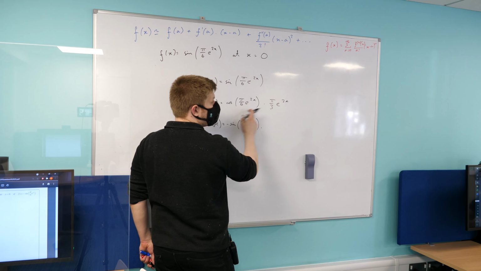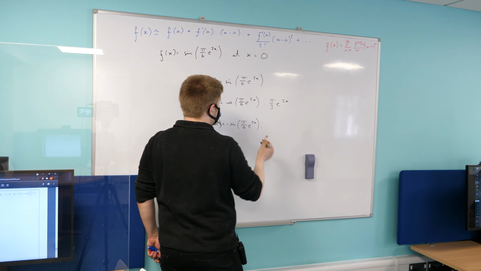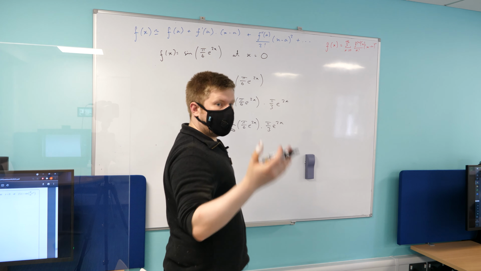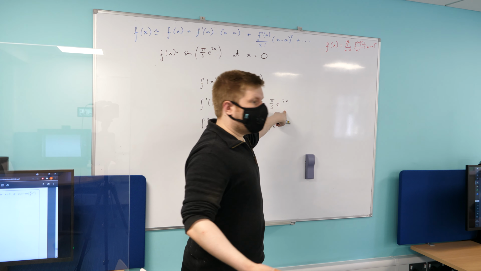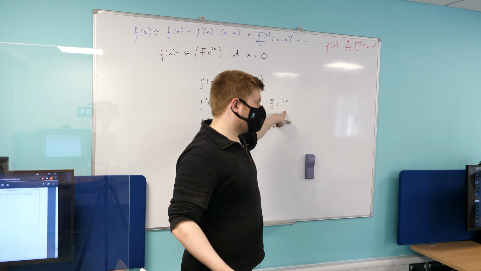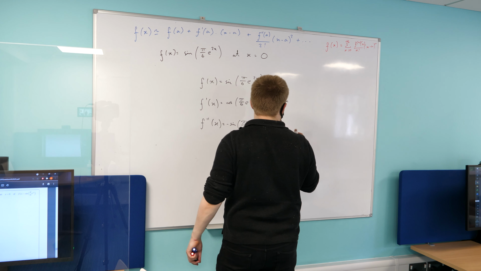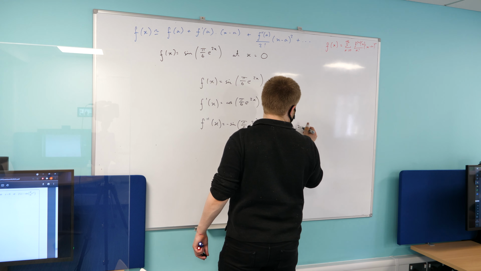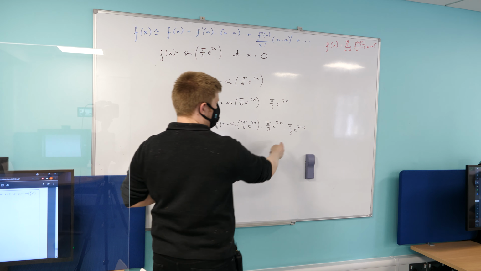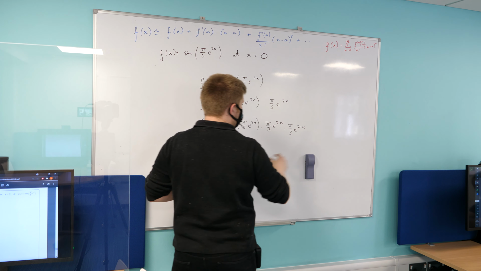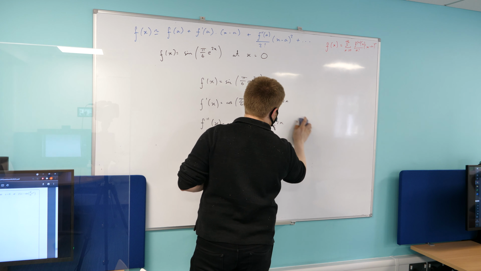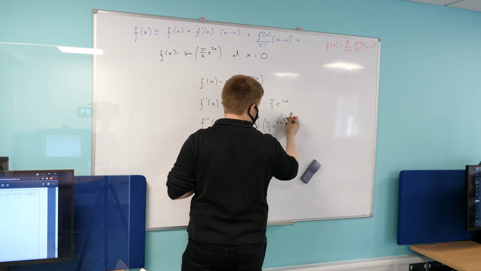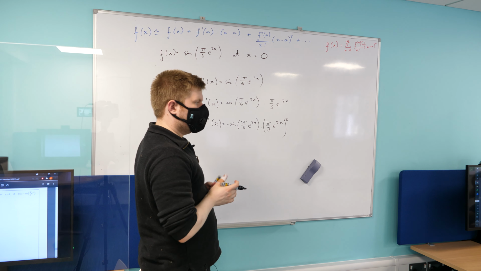Pi by 3 e to the 2x, exactly the same. Now, we still need to multiply with the second function, because we left that alone. So we multiply that with pi by 3 e to the 2x. If you like, because you've just got these two things multiplied together, you could just square all of this. That's fine.